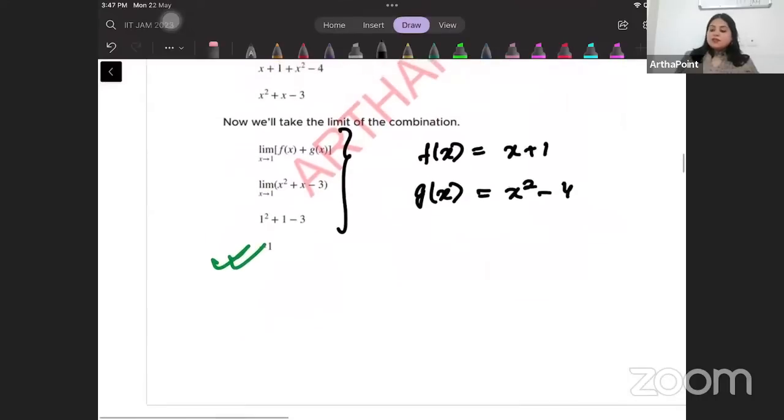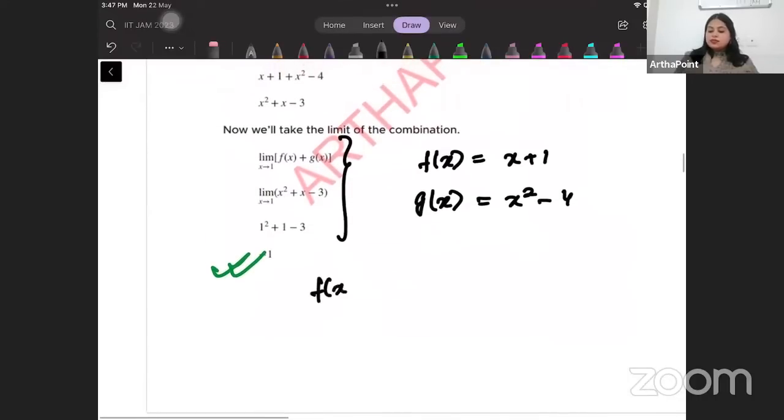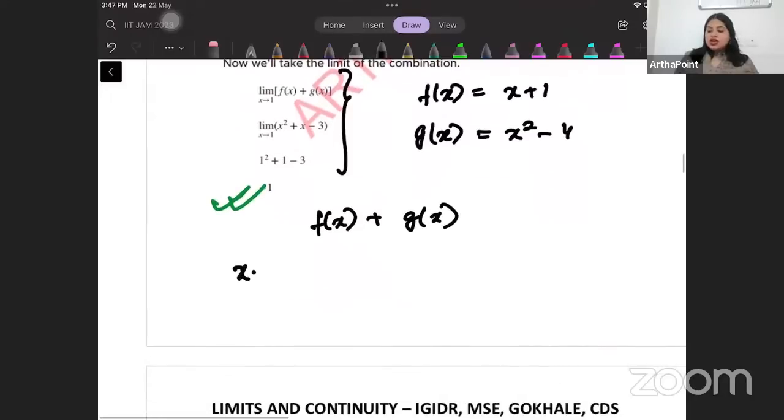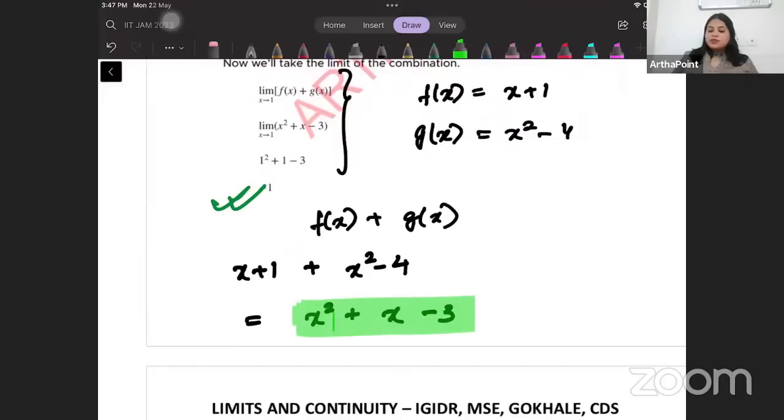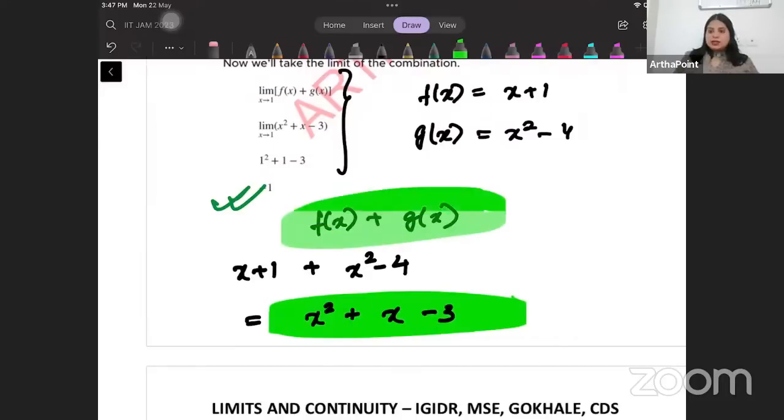So what will f(x) plus g(x) be? f(x) plus g(x) will be x plus 1 plus x square minus 4. This becomes x square plus x minus 3. This is a new function. This function is f(x) plus g(x).